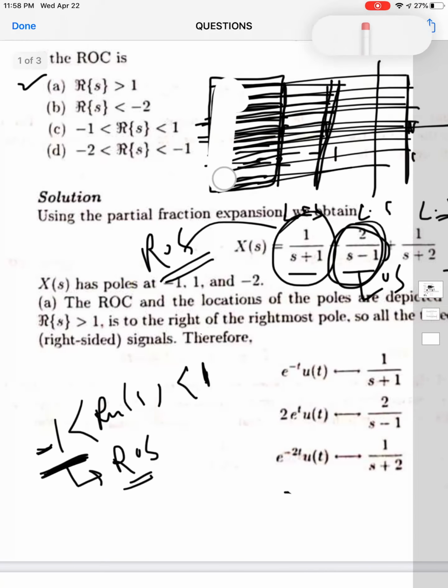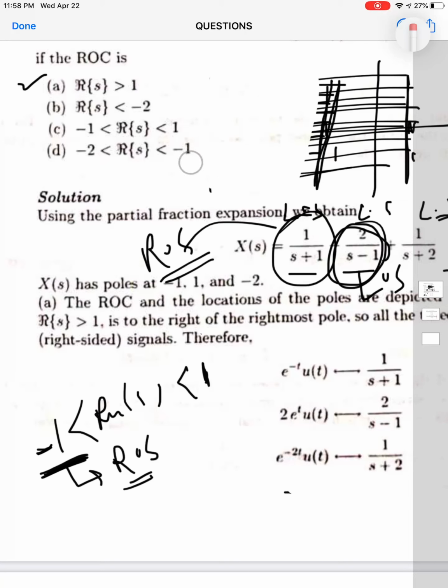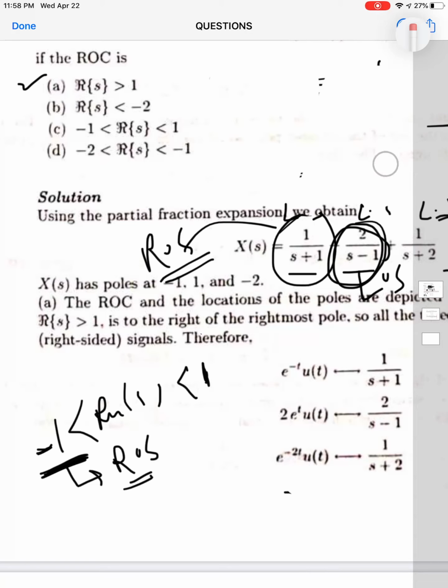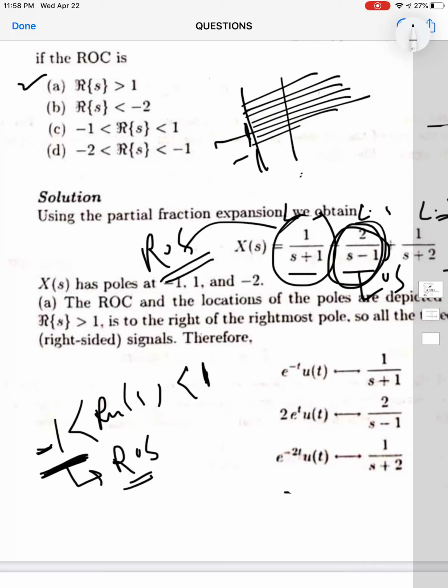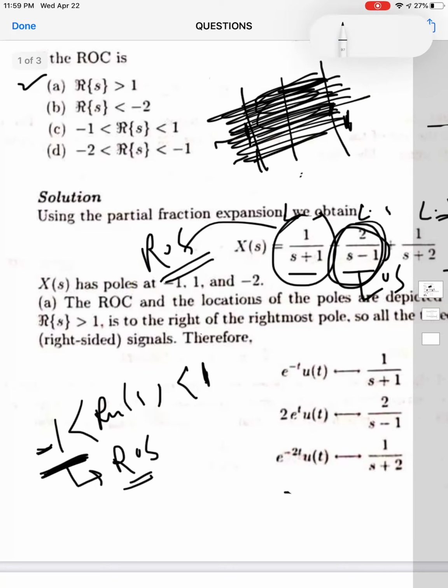When you draw the ROC on the s-plane, the part greater than minus 1 will be this, and the part less than plus 1 will be this. The overlapped area is this for both.